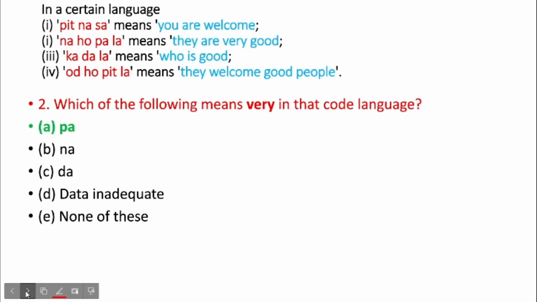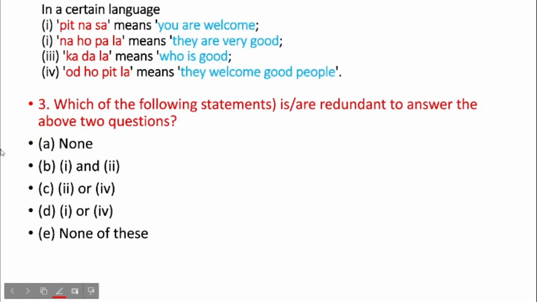So that's how the solution of the first question is used in the second question. Let's move on to the third question. This is another type. Which of the following statements are redundant to answer the above two questions?